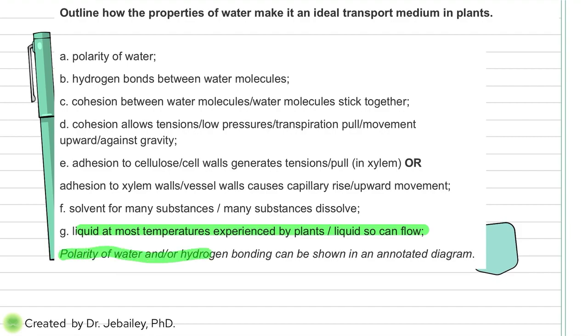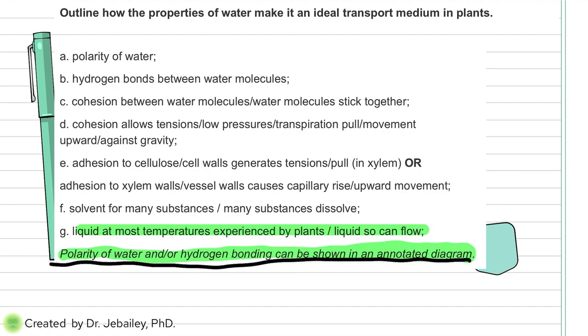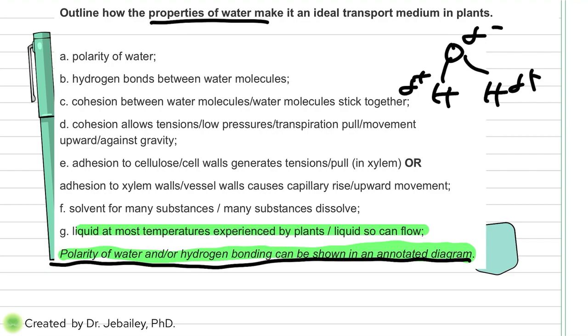Now, polarity of water, hydrogen bond can be shown in a diagram. So this is the most important thing here: every time they talk about properties of water, I always tell students, draw the water every single time, because every single time in the mark scheme, water structure drawings will get you points.